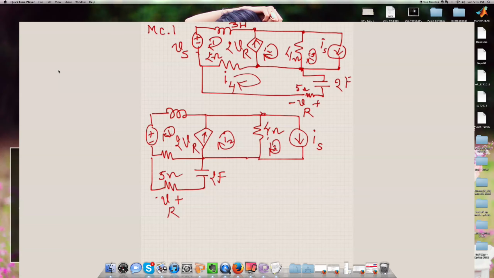So that way we're looking at a little more organized form of the same given circuit: supply, then 3 Henry, 2 VR, 5 ohm, 2 farad, 4 ohm, and IS.